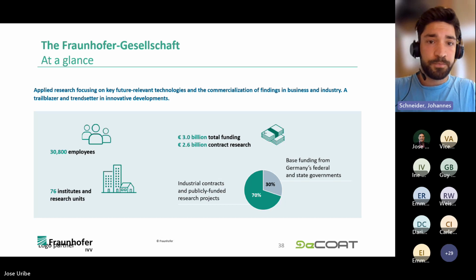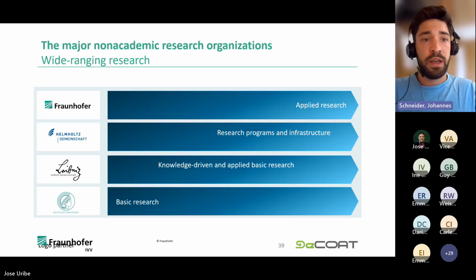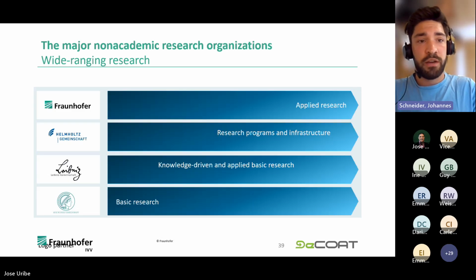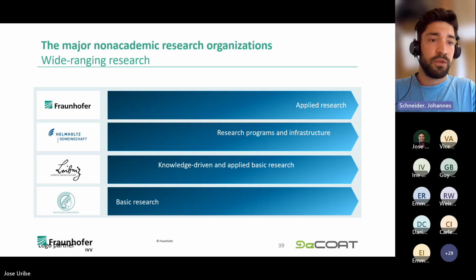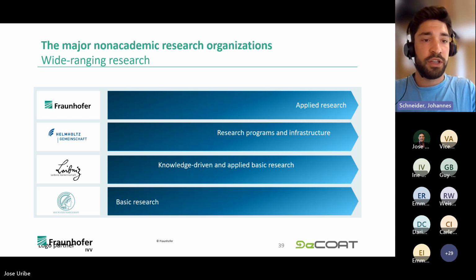The next slide. You can see that in Germany we have a wide range of non-academic research organizations, which Fraunhofer is one of. But there are also other organizations like the Helmholtz-Gemeinschaft, the Leibniz-Gemeinschaft, or the Max Planck-Gesellschaft. And these organizations have different research focuses.